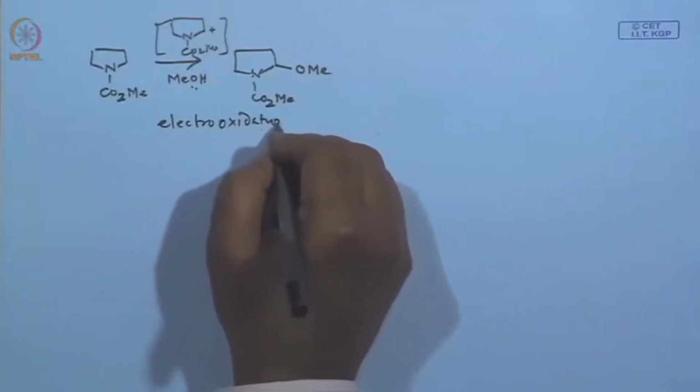Electrooxidation is a very important step in organic chemistry. Often we do not deal with it, but if the reaction takes place, the reactions are very clean, and it is often used by Japanese chemists. They are very fond of electrochemistry.